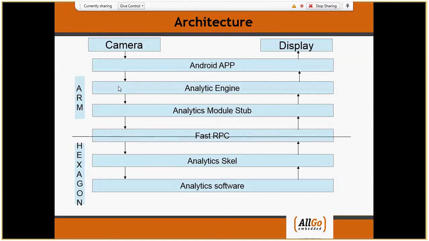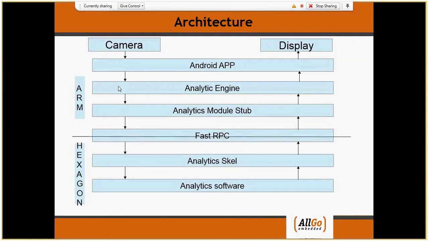The engine gets the input buffer and calls the analytics module stub. This analytics module stub talks to the FastRPC driver, which internally talks to the Hexagon DSP. The Hexagon DSP has the analytics skel, and the analytics skel finally talks to the analytics software, or the algorithm, which is running on the Hexagon DSP.